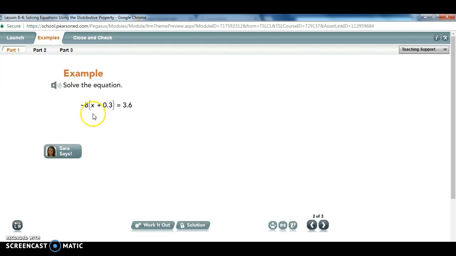We have negative 8 times the quantity x plus 3/10 equals 3 6/10. What I'm first going to do is distribute negative 8 to x, which equals negative 8x. We're using addition, so I know that this is a positive number.